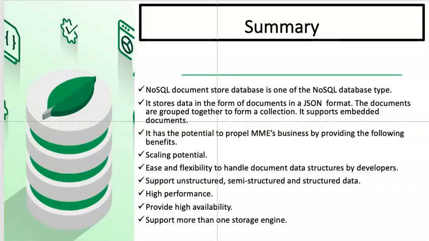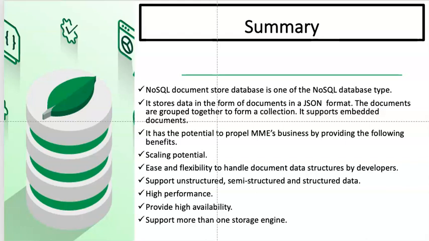So in this presentation, we've looked at a NoSQL document store database, and we said it's a kind of database which stores data in documents in JSON formats, and when the documents are grouped together, they form a collection, and it supports embedded documents. An organization such as MMV, which uses this type of database, is going to benefit from a huge scaling potential.